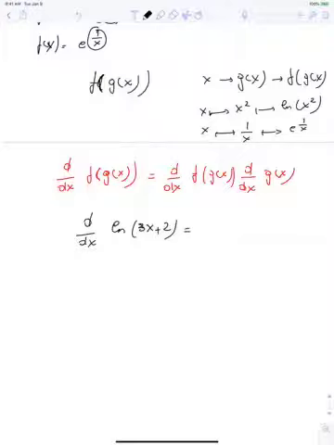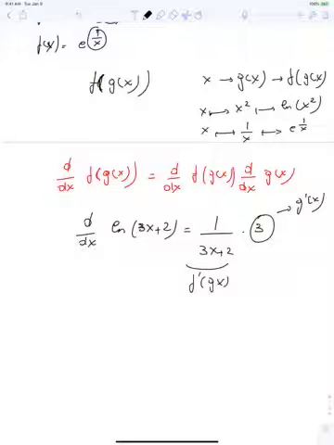We know that the derivative of the log of x is 1 divided by x, so this is going to be 1 divided by 3x plus 2. And then we have to multiply by the derivative of 3x plus 2. So this is 3. This one here is g prime of x. And this one here is f prime of g of x, evaluated in g of x.